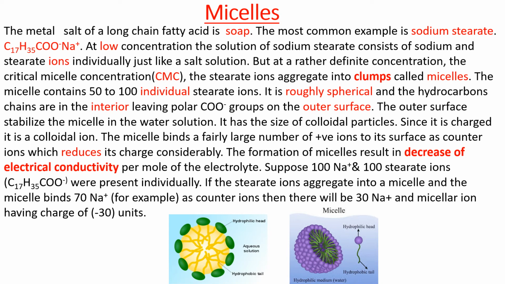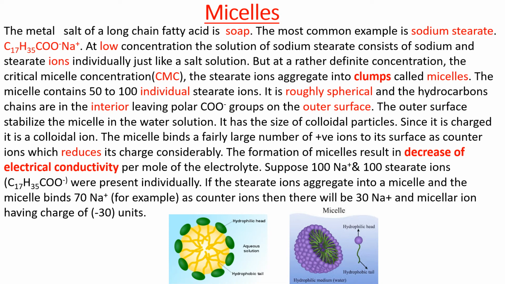That is the sodium salt of stearate. At low concentration, a solution of sodium stearate consists of sodium and stearate ions. What are stearate ions? C17H35COO minus. That ion is called the stearate ion. So at low concentrations, this salt exists as Na plus and stearate ions.